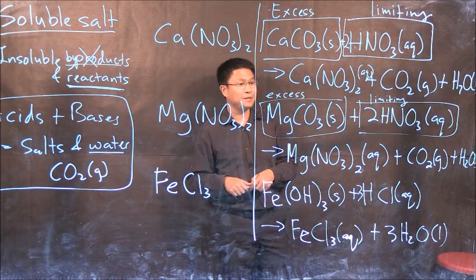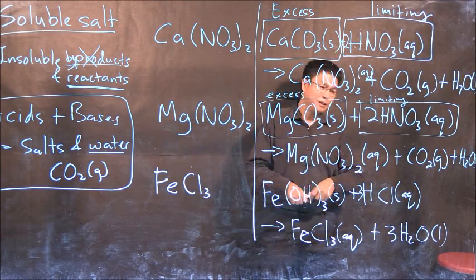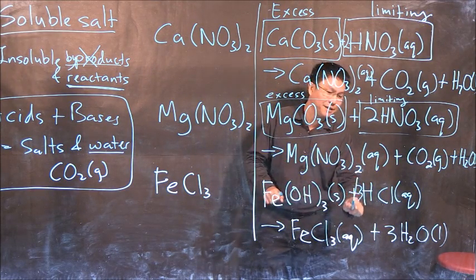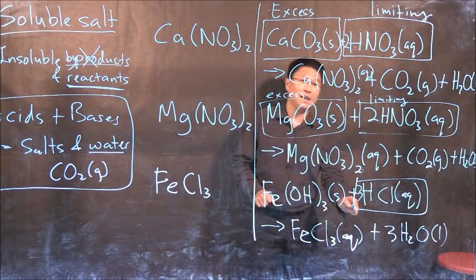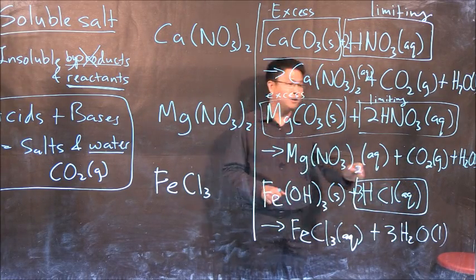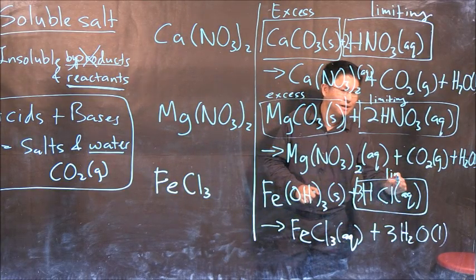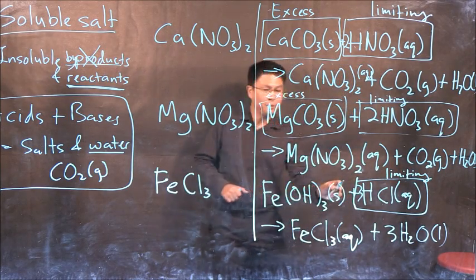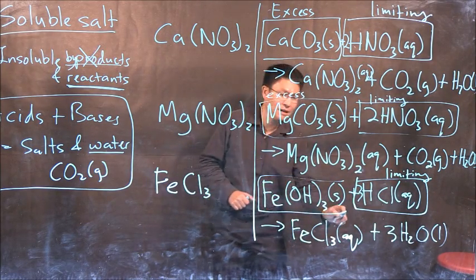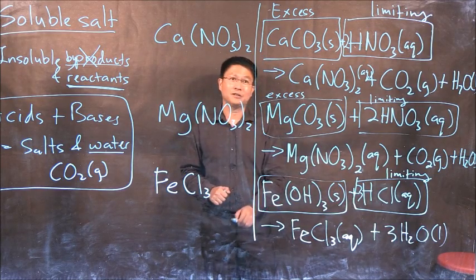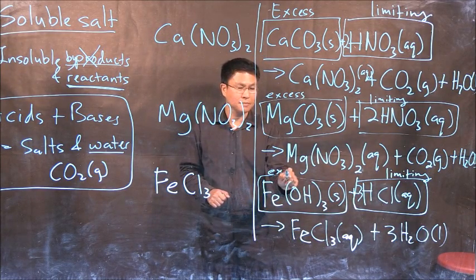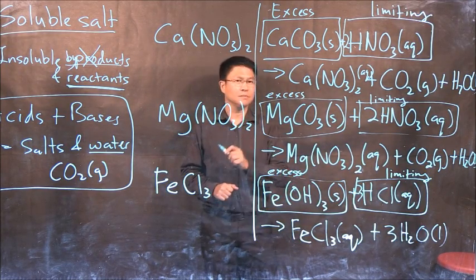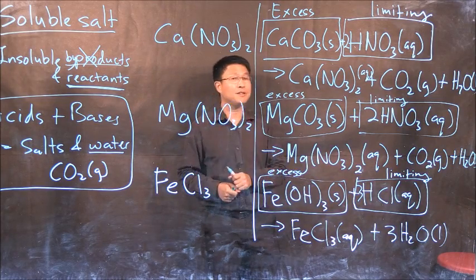Similar to the first two cases, we have to make sure that the hydrochloric acid is not present at the end of the reaction. Therefore, this has to be the limiting agent, and we will put excess iron 3 hydroxide. How do we know it's excess?